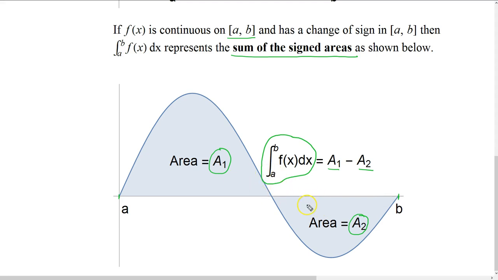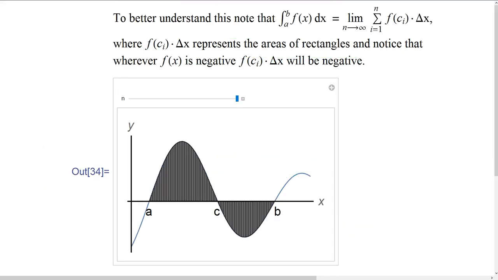Now, to understand why this is, let's take a look at the next graphic. Let's recall that our definite integral is the limit of our approximating sums. Remember the quantity right here, these represent the area of rectangles, and we're summing them up and then taking the limit as the number of rectangles goes to infinity, and that will give us our definite integral.